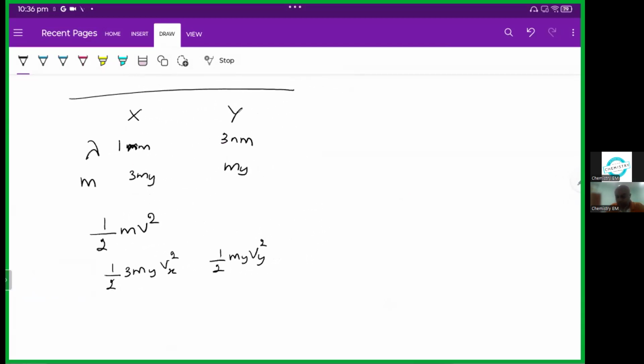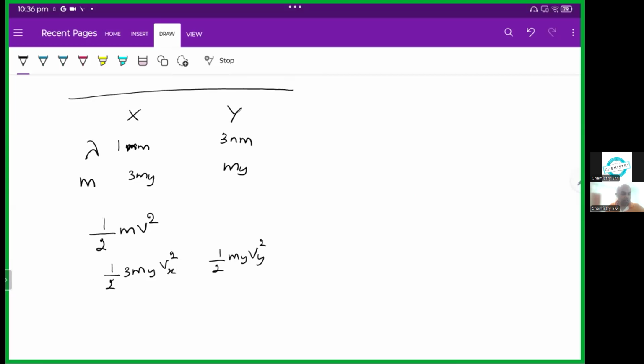And also lambda is given, right? So if lambda is given, we know the Planck constant relationship, right? Can you remember the Planck constant relationship? We can deduce it very easily.